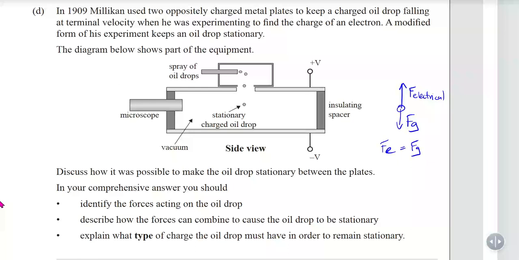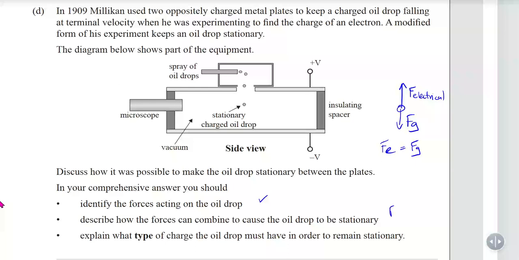So, in your comprehensive answer, you should identify the forces acting on the oil drop. That's what we've talked about here. Tick, we can do that. Describe how the forces can combine to cause it to be stationary, so it doesn't accelerate.